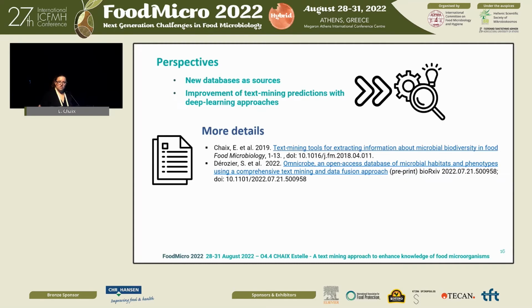For more detail on these two tools and all of the text mining pipeline, you can see these two papers.